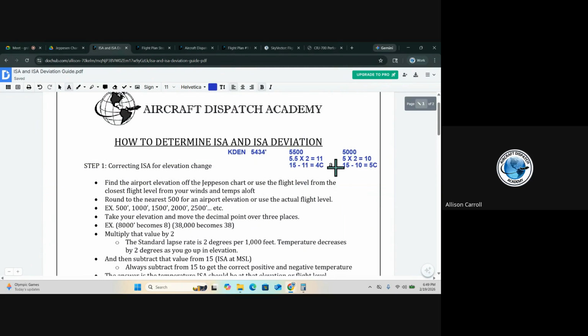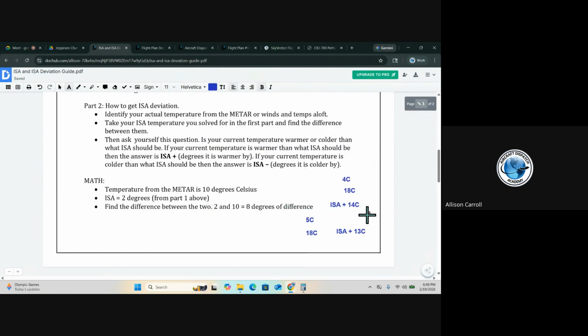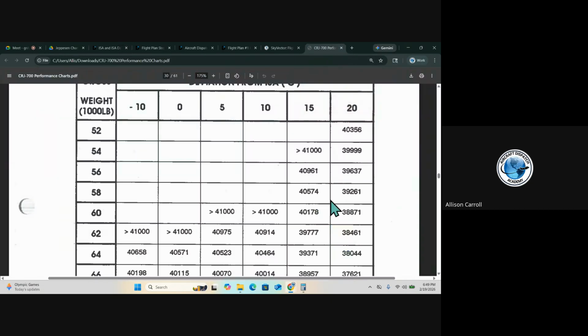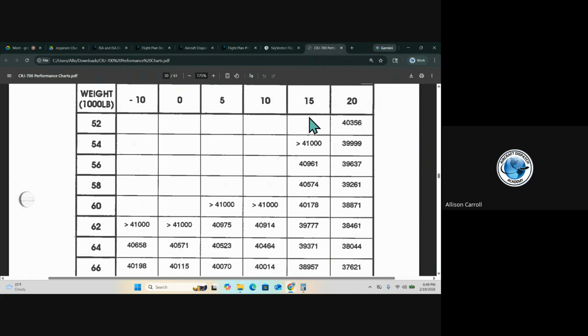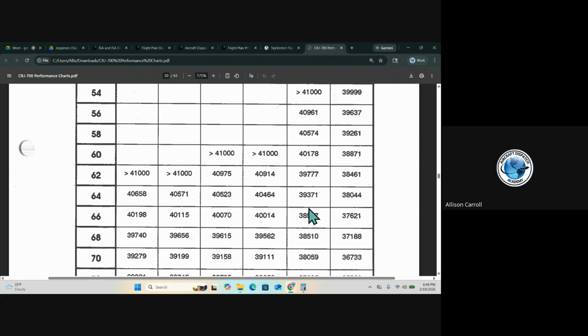So we did both examples. So Denver, we just found the ISA deviation for Denver, and ISA plus 14 or even plus 13. Just going back to this altitude capabilities chart, we're going to use this 15 column. We already know that we are heavier than 64,000 pounds, so we're going to go to 66. And guess what?